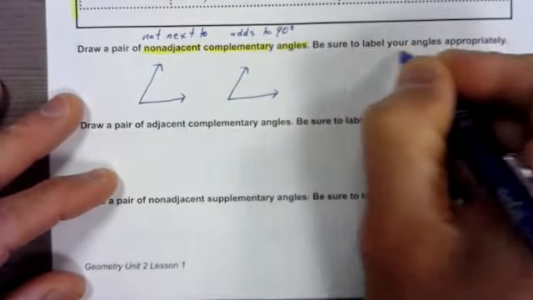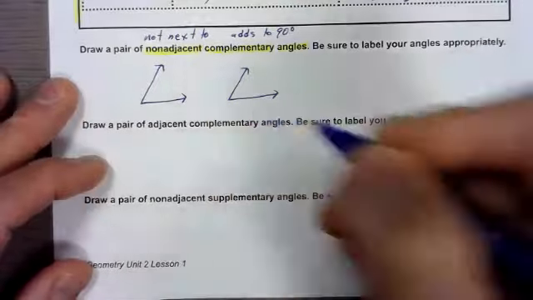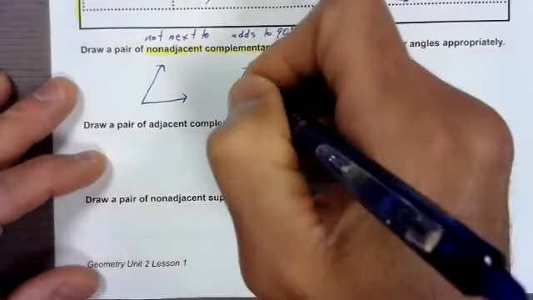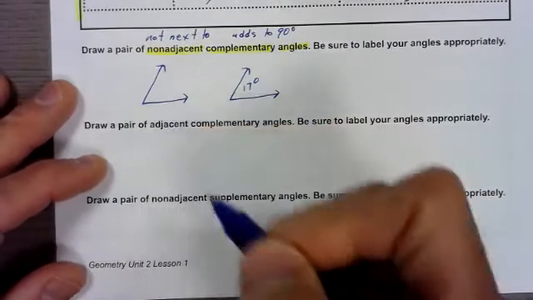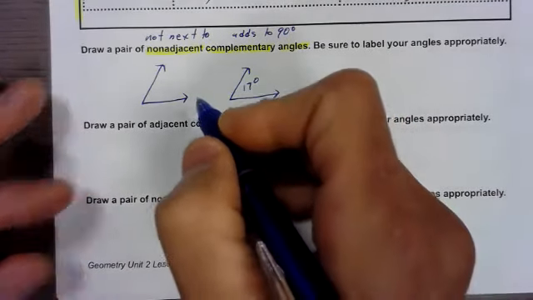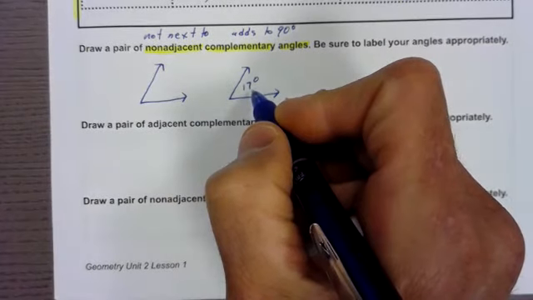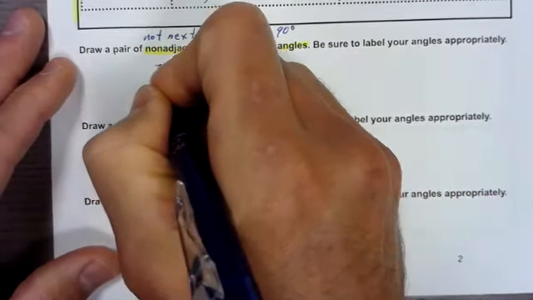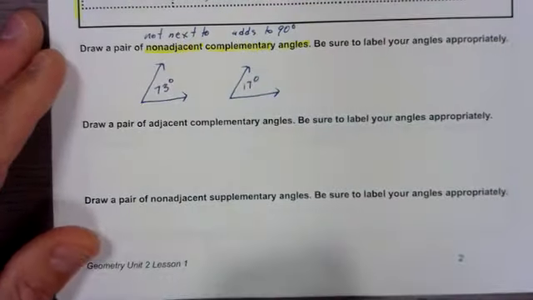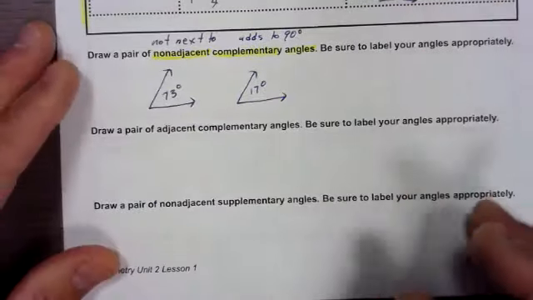And it says be sure to label your angles appropriately, which means I have to put the measurements in there. So let's go ahead and say that this one is 17 degrees. So 17 plus what is going to equal 90? Well, 3 more gets me to 20, and 70 from there gets me to 90. So then that's going to be 73 degrees. And this is just one example. You might have different ones.